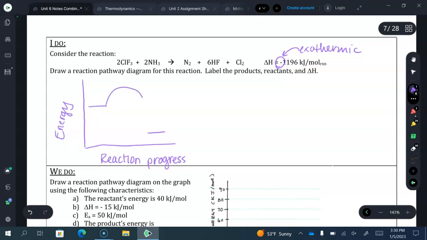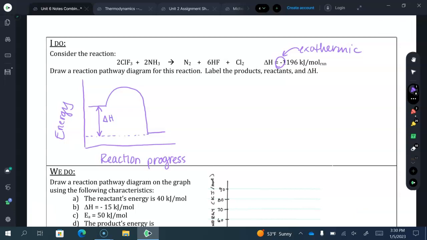So that when I decrease and I look at the overall change in energy here, reactants to the products, this delta H is my enthalpy of this reaction, the difference between the reactants and the products, where this is my reactant and this is my product. So we have labeled our products, we have labeled our reactants, and the enthalpy of this reaction.